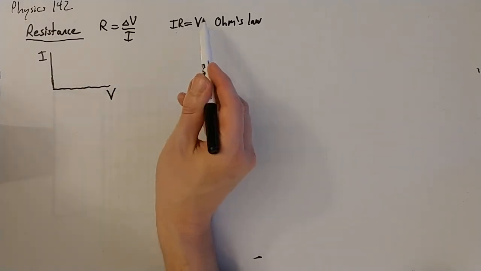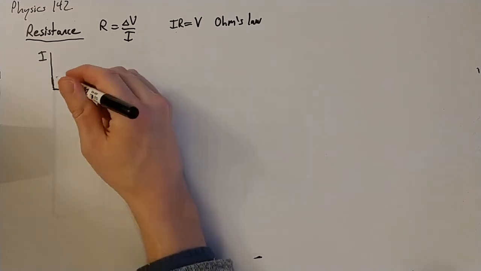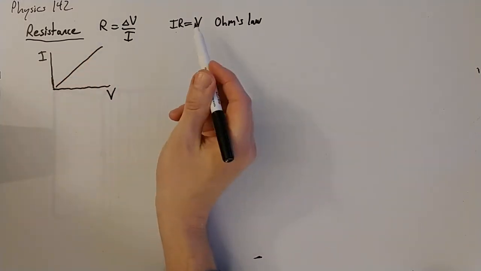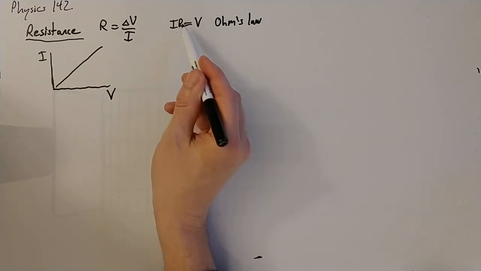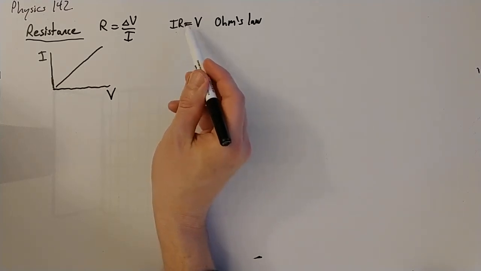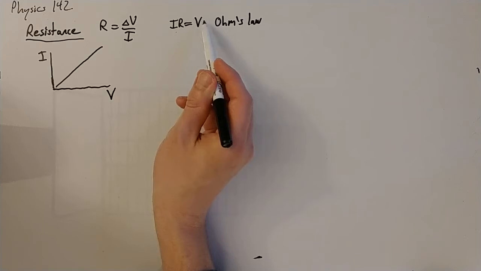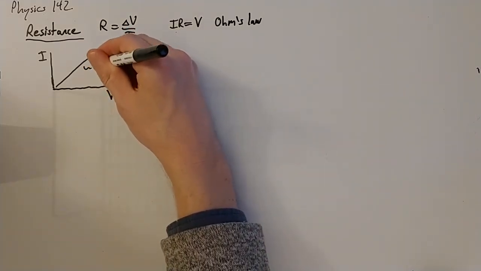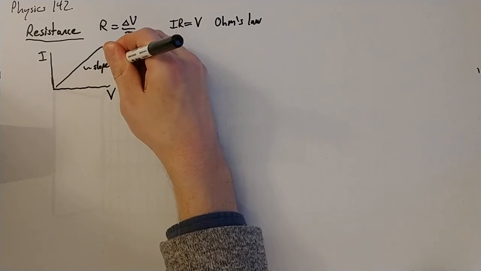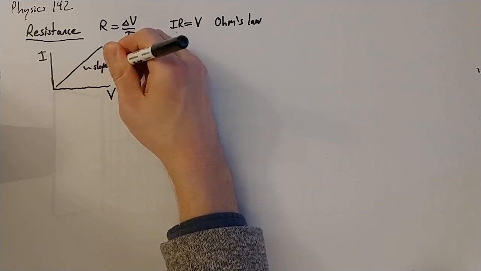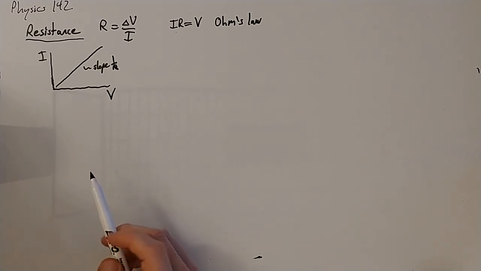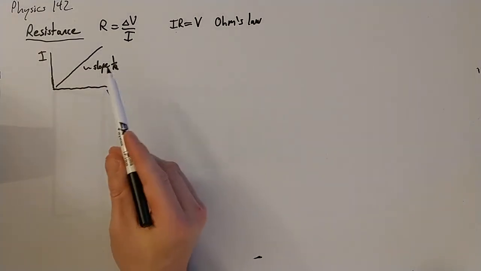Well, plotting current versus potential, we would expect to have a linear relationship, right? Where the slope, if I have current on the y-axis, y would equal 1 over R times V, right? So the slope would be 1 over R. And this is what we expect for Ohm's law.